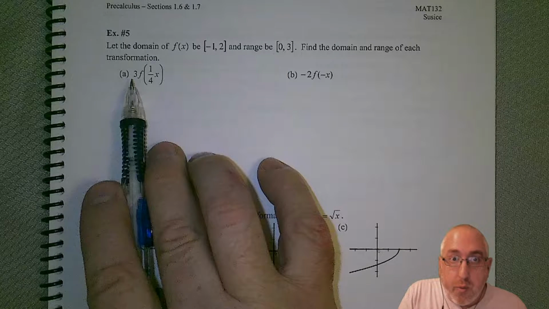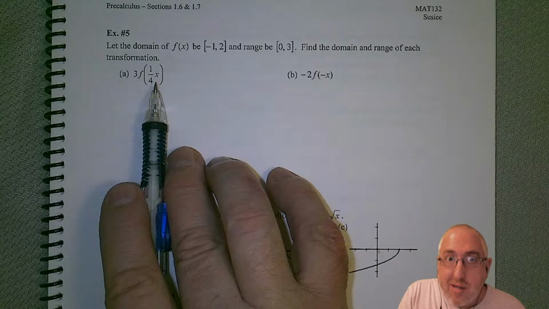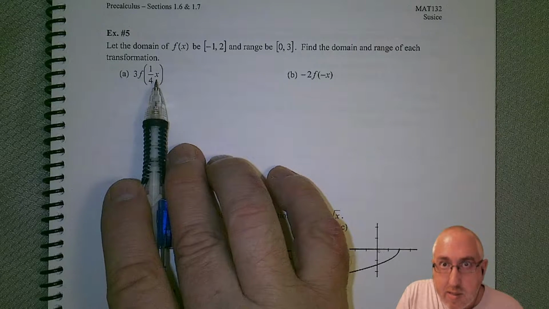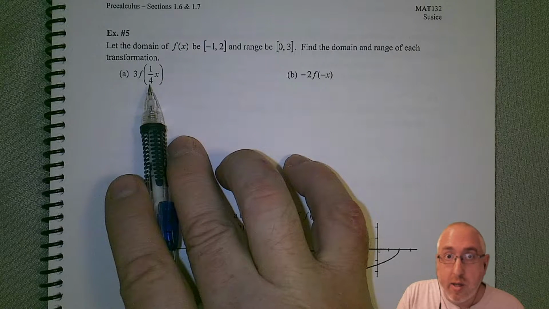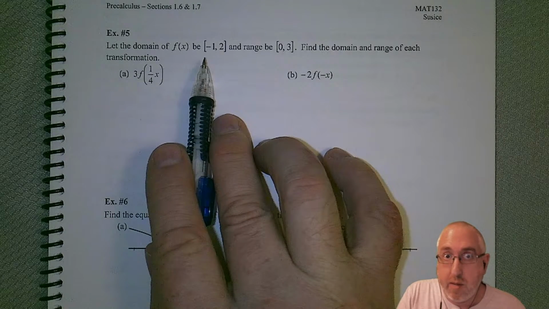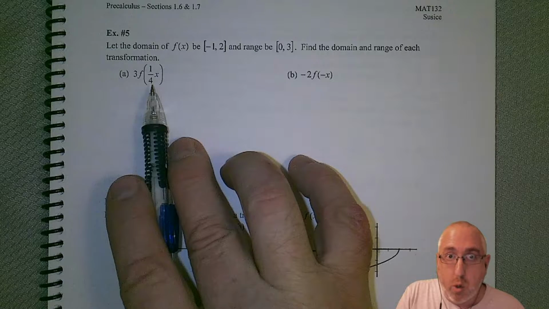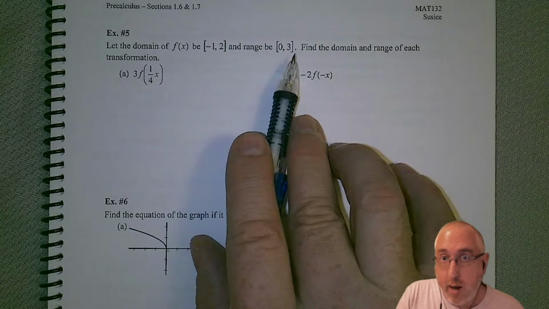So the 3 is affecting the y values, but the 1/4 is only affecting the x's. So all we have to do, as long as we know that, is apply those calculations to the respective pieces. So the 1/4 should affect the domain, and the 3 should affect the range.